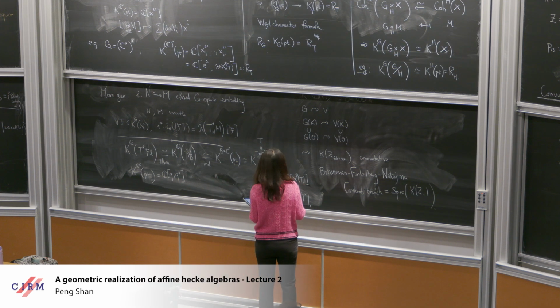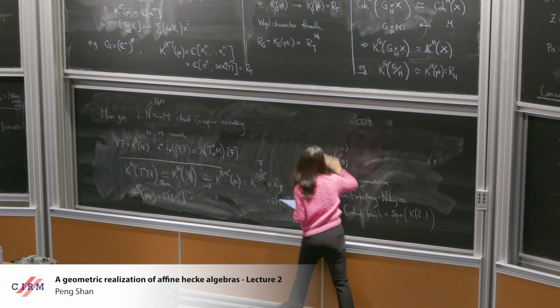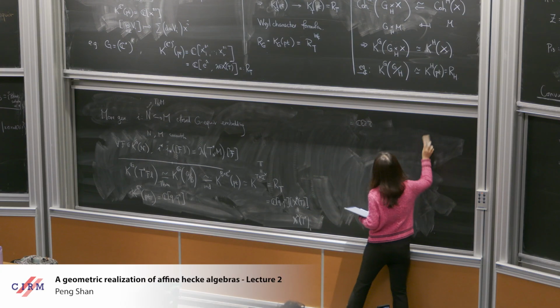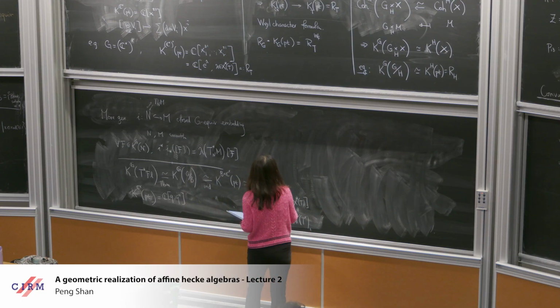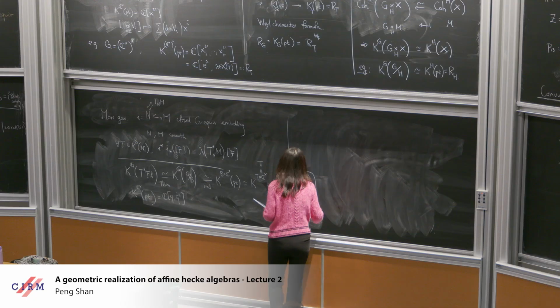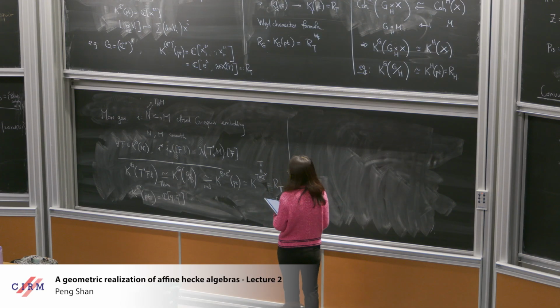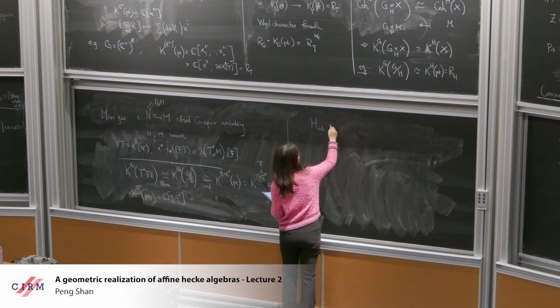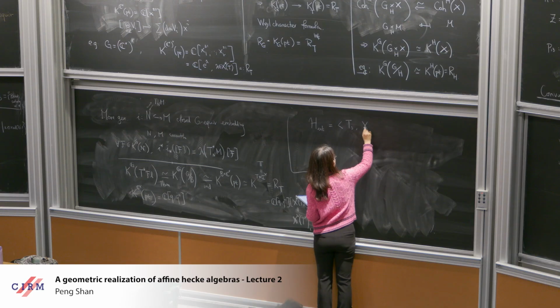All right, so what do we want to prove? We want to prove our extended affine Hecke algebra is isomorphic to this equivariant K-theory. Now, let's take a minute and try to remember what we had yesterday. Yesterday we said by Bernstein presentation, this algebra is generated by T_s and X^lambda.